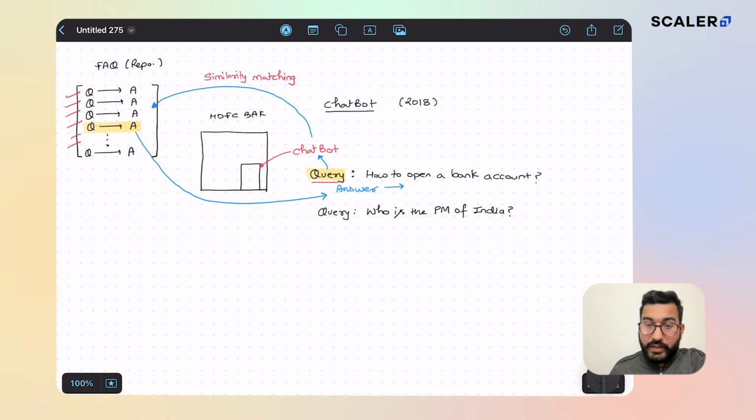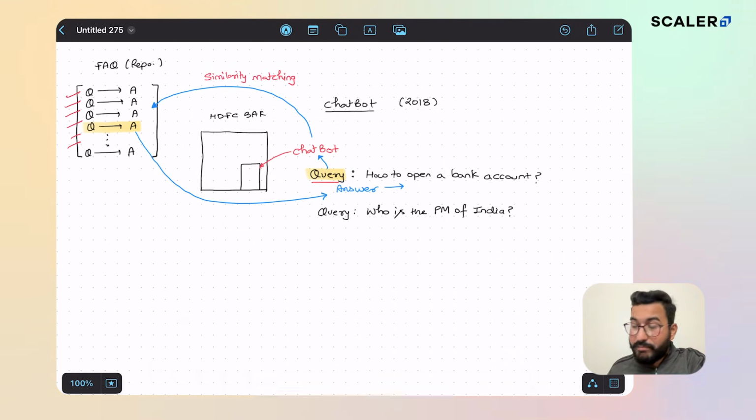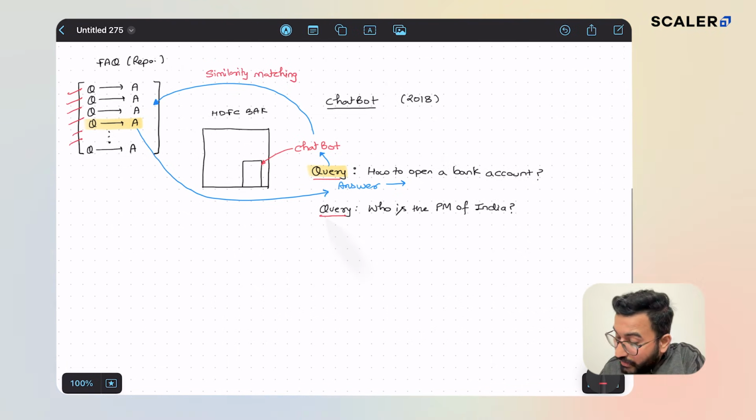The chatbot will return you the generic answer because this chatbot will not be able to find any question in the FAQs or the database which is similar to this query.